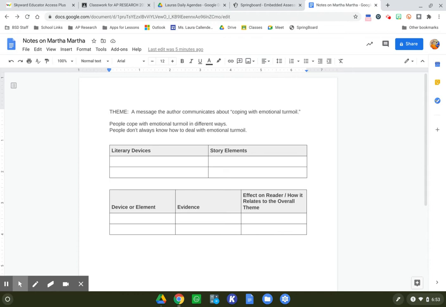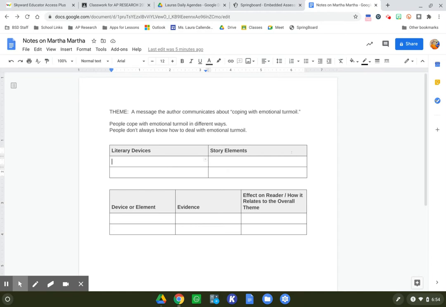People who do not know how to cope with emotional turmoil make impulsive decisions or are indecisive or run from their feelings. So there's a lot of different interpretations. So not all of you will have to have the exact same theme. And as we get closer, we'll talk about how that works.